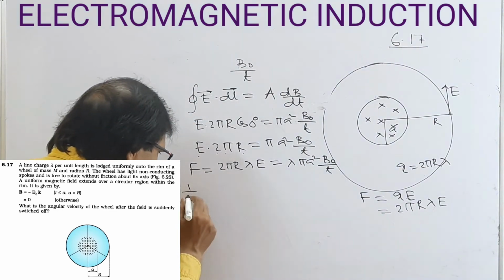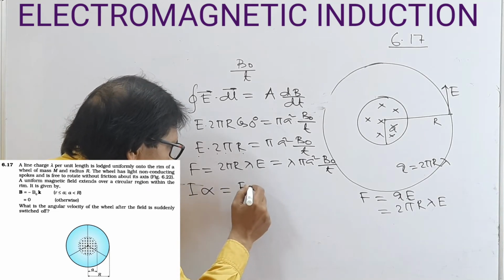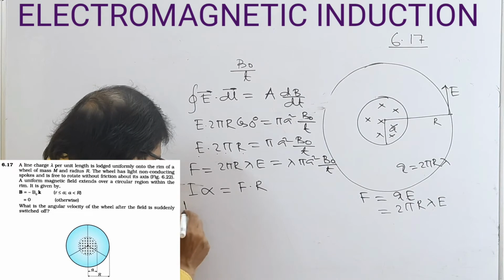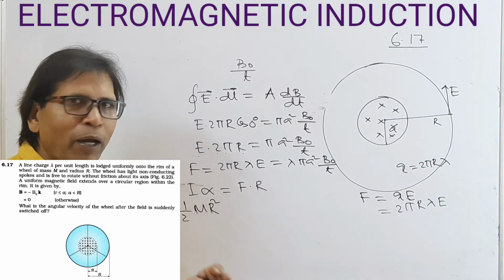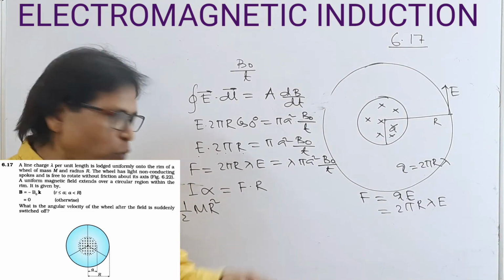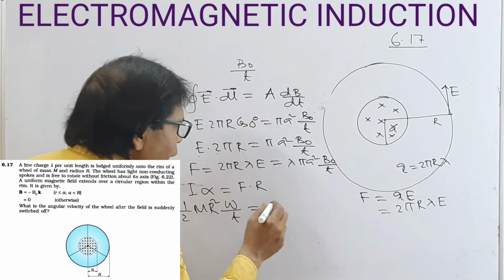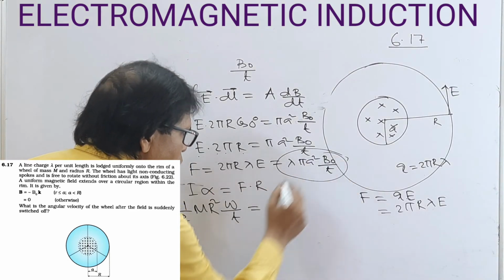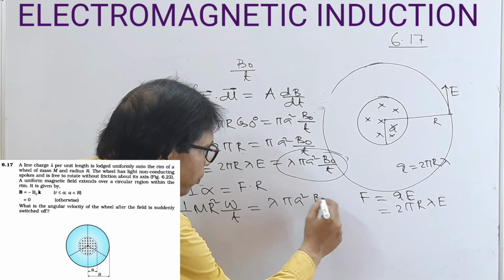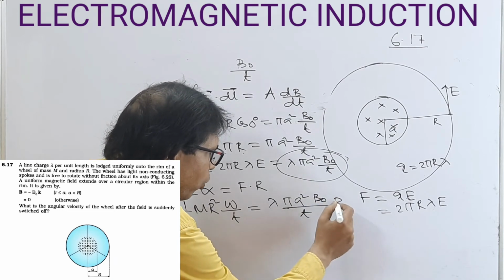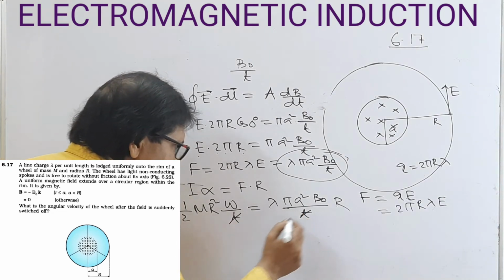Now I into alpha equals F into R. Look at this, this is half m r square, this is the alpha. Alpha means rate of change of angular velocity, so this is omega by t, and this is the F. What is F? F is this, lambda pi square B0 by t into R. Now look at this, t and t cancel out.